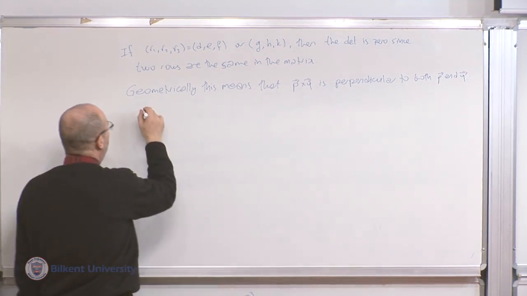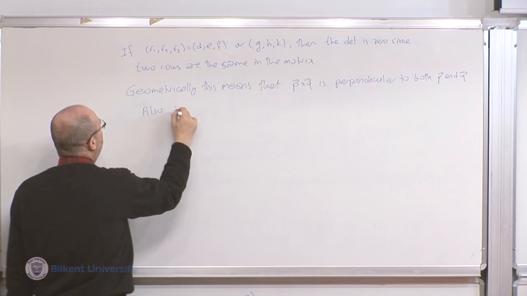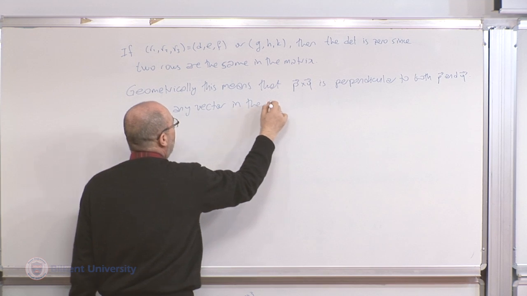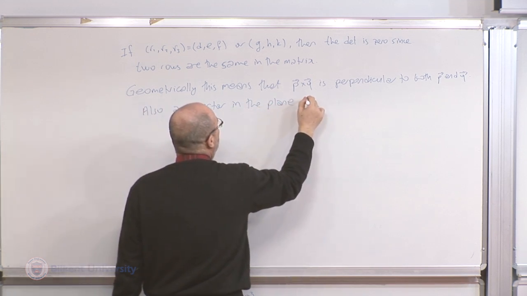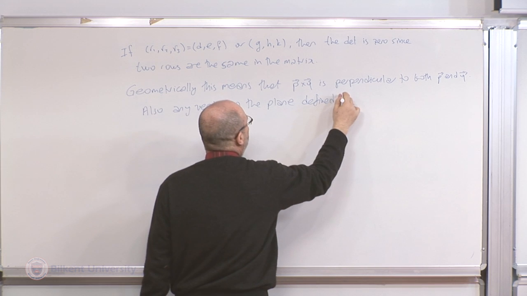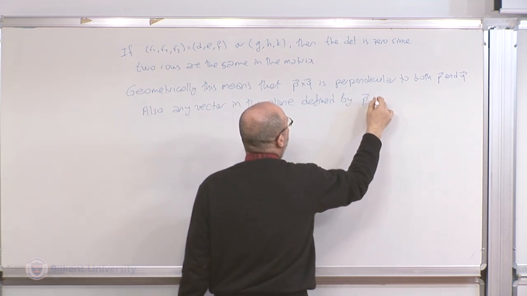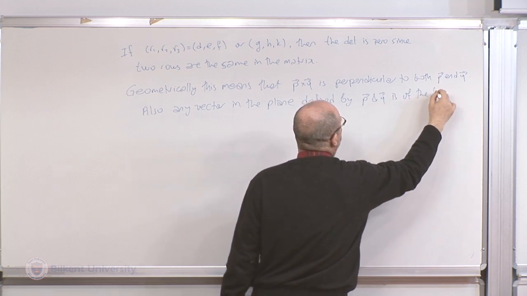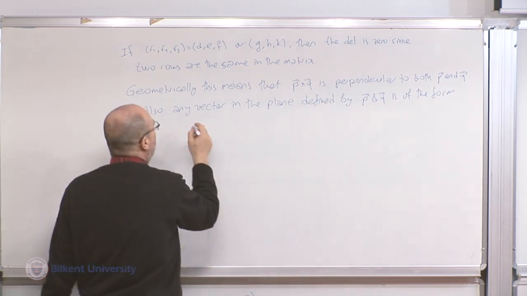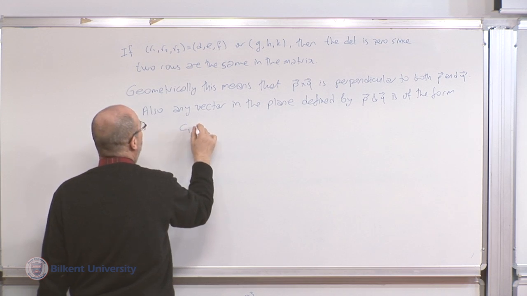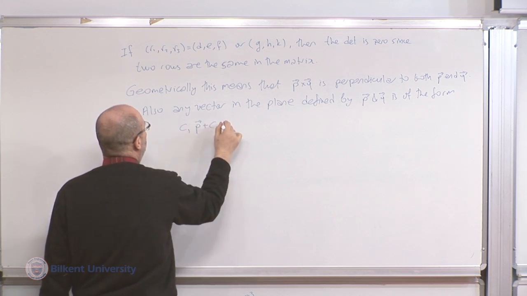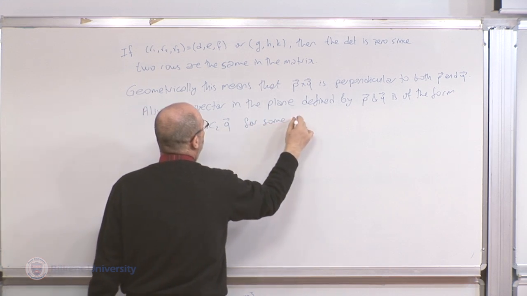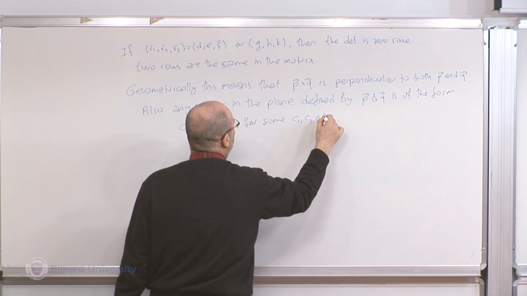Okay. Also, any vector in the plane defined by P and Q is of the form C1 P plus C2 Q for some numbers C1 and C2.